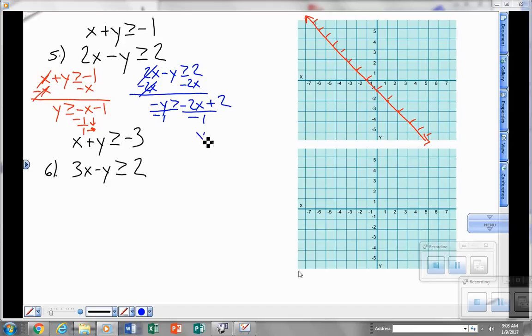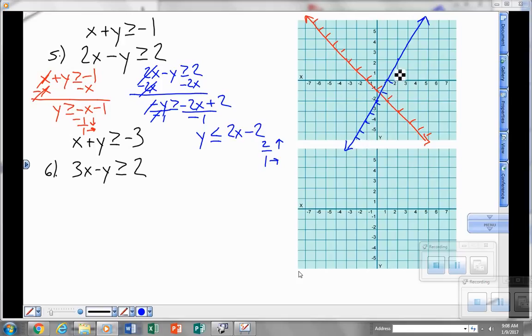So when I divide both sides by -1, it flips that inequality, makes that -2x positive 2x, and makes that 2 into -2. So that blue one I'm graphing is y is less than 2x minus 2. So I start at -2 on the y-axis, over 1, up 2, over 1, up 2. That will be a solid line. Less than means shade below.